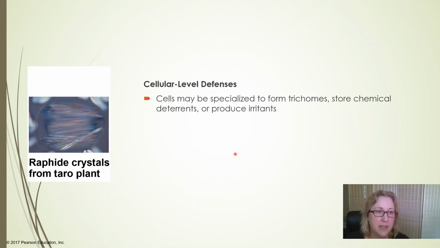So banana skins have these kind of crystals inside of the banana skin, and the banana fruit has hardly any of them. But some people are violently allergic to these crystals, and if you know somebody who's allergic to bananas, the skin would be a much more potent reaction for them because it contains many more of these hard crystals that are designed to prevent animals from wanting to eat that.